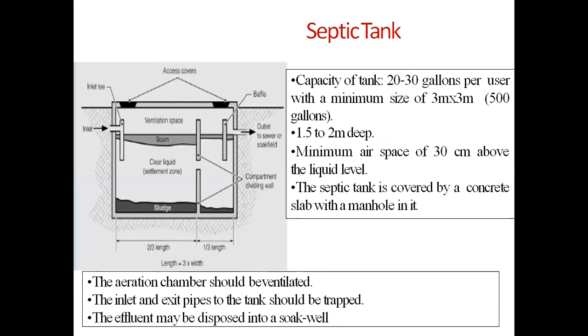It should be about 3 to 4 times as long as it is broad. Depth should be about 2 meters, 1.5 to 2 meters, and a minimum air space of 30 centimeters above the liquid level. This is the level of liquid, and this gap of 30 centimeters should be there.